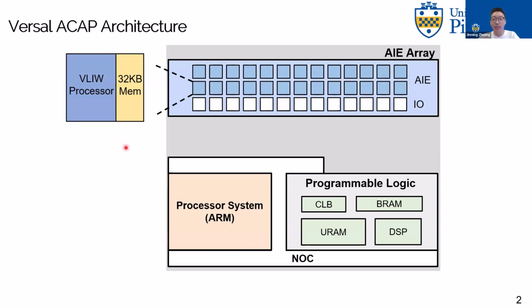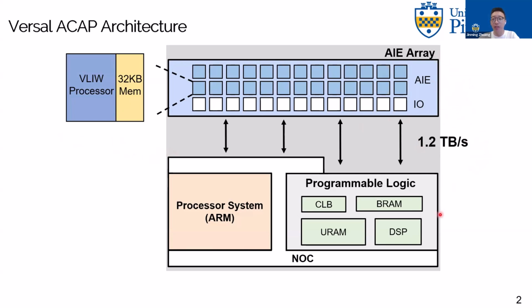For our target device, Versal VCK190, there are a total of 400 AI engines. To sustain these 400 AI engines, the communication between the AIE array and the other components is through the 39 I/O tiles at the bottom of the AIE array with a maximum 1.2 terabytes per second bandwidth.